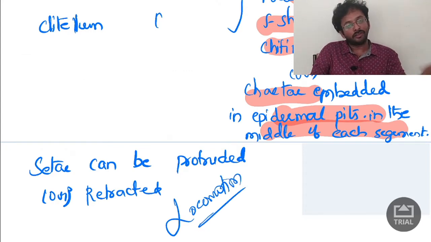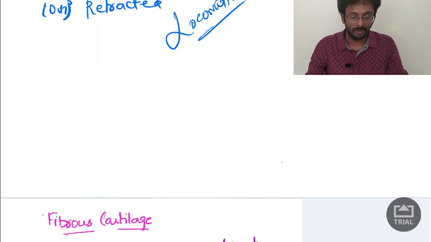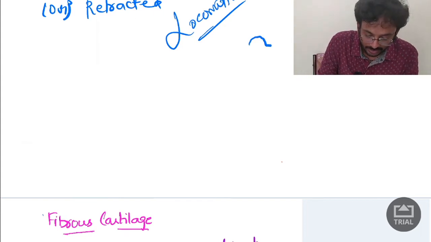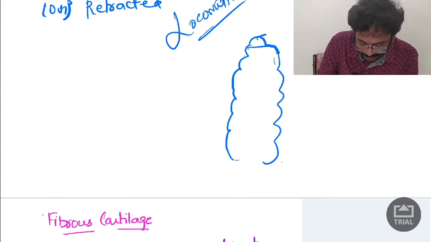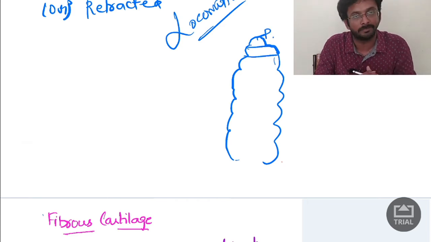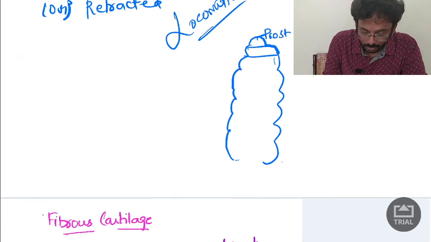This is about the morphology of the earthworm. Let us revisit it one more time. The first segment is called prostomium, which is covering the mouth.